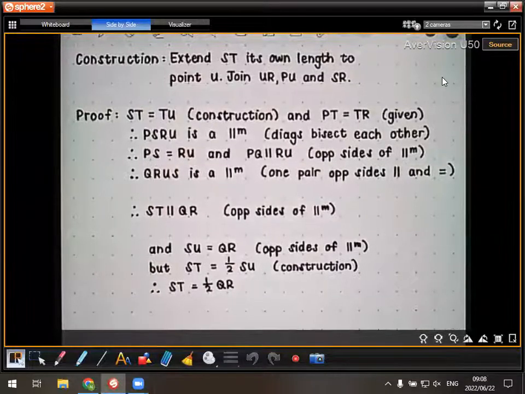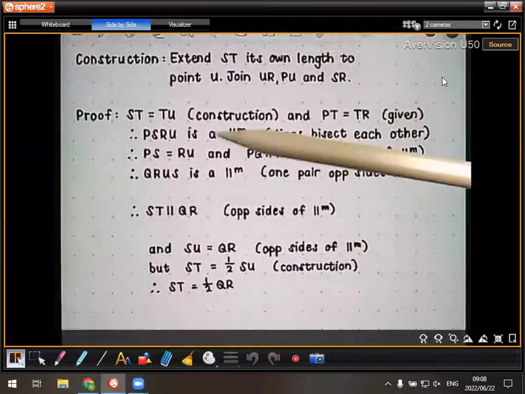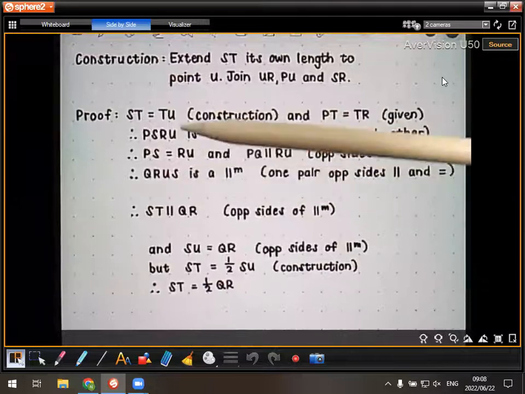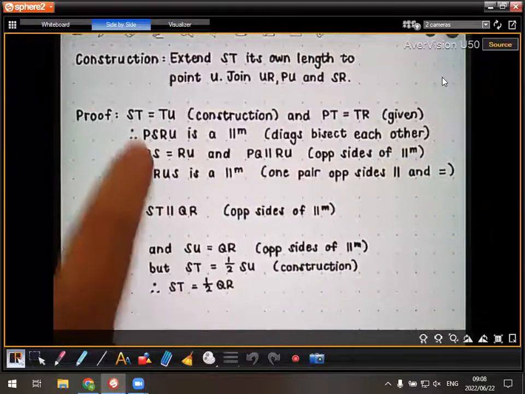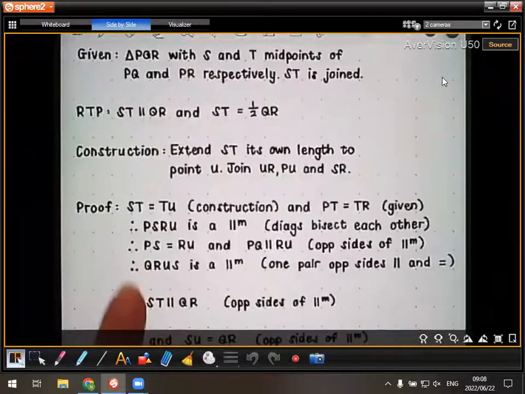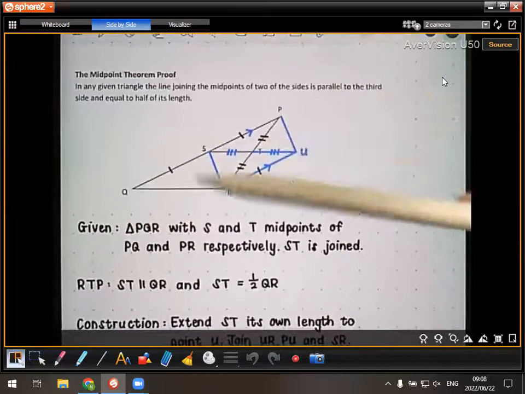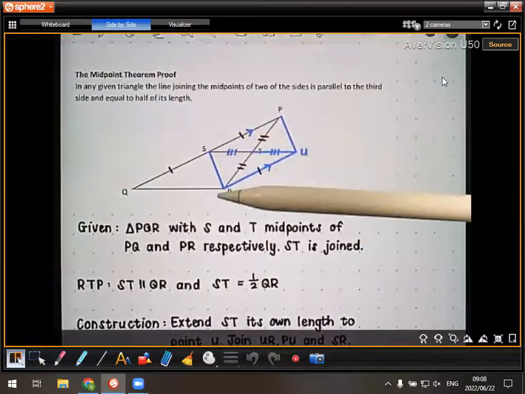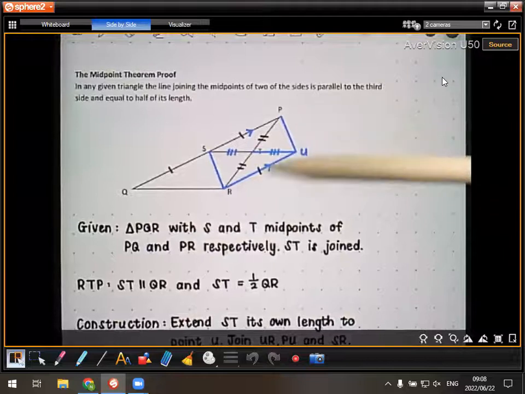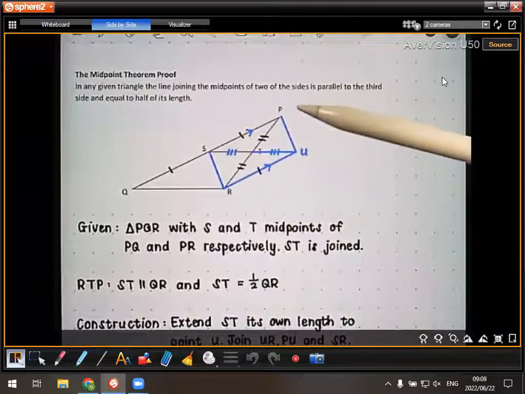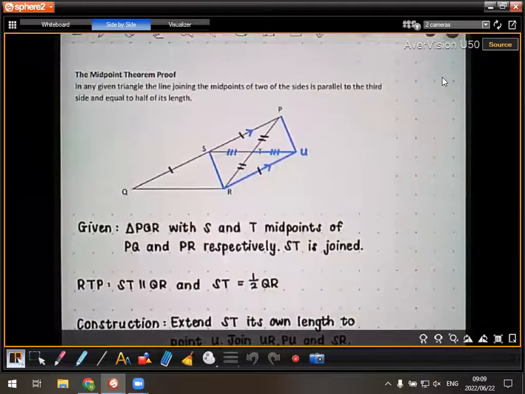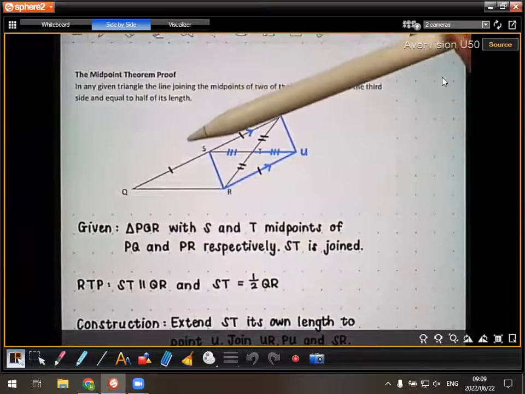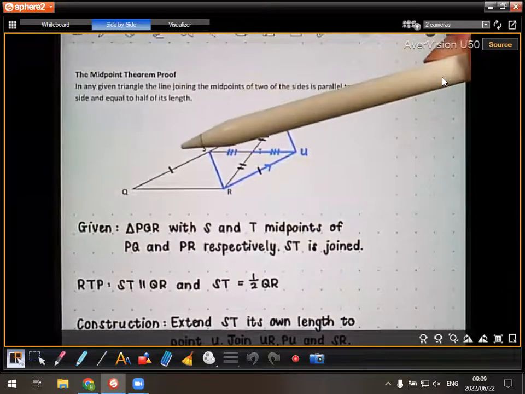That's another thing that I mentioned yesterday. When you are naming your parallelograms, I'm looking at my second line here and my fourth line. The order of your letters does not have to be exactly the same as mine. I wrote PSRU when I'm looking at this parallelogram. I also could have written PURS, SPUR, or SRUP. You can basically start with any point and go in any direction, but the order of your points has to be the order of the vertices.